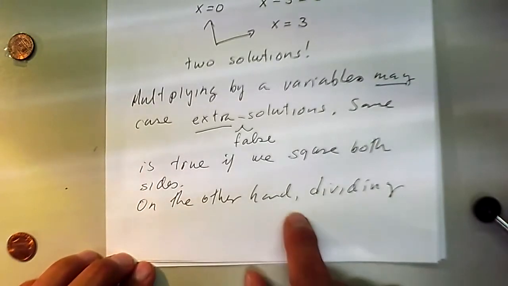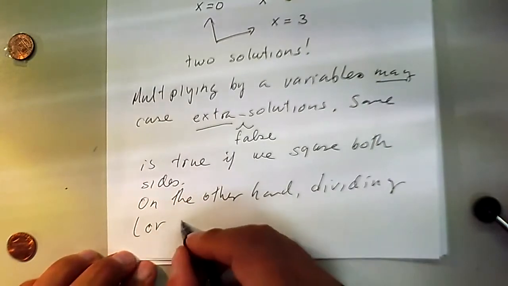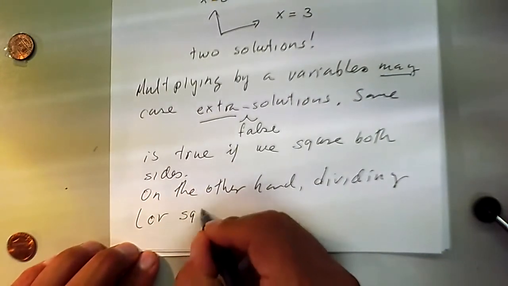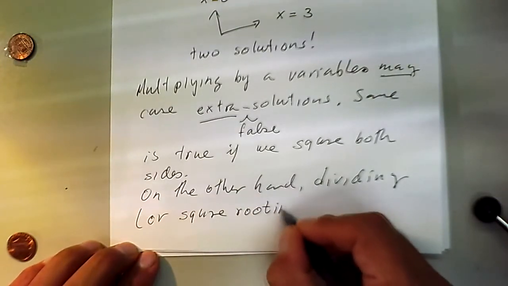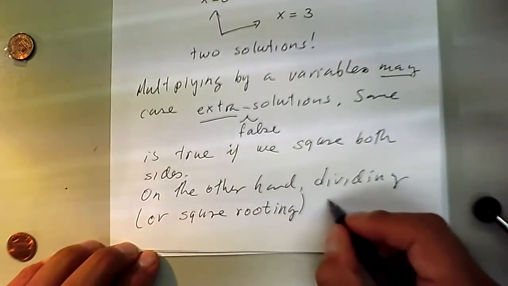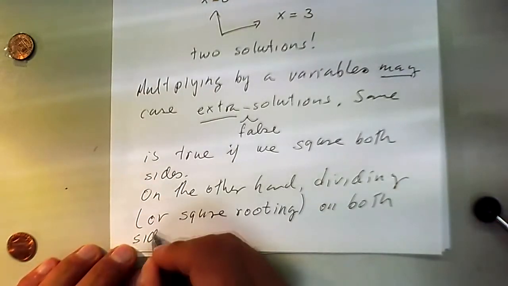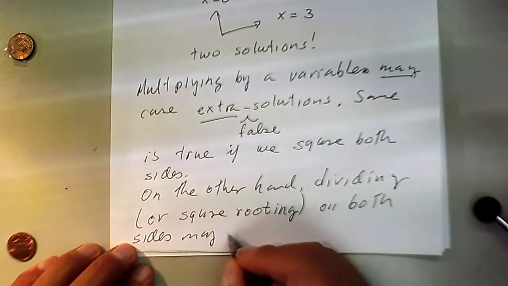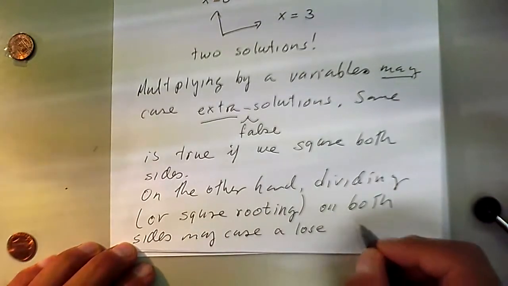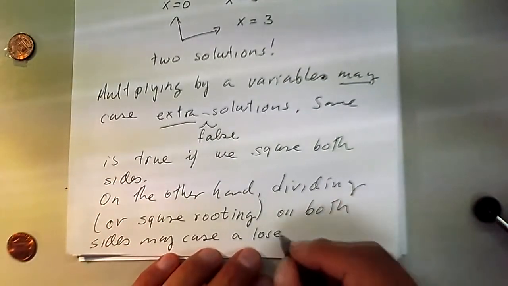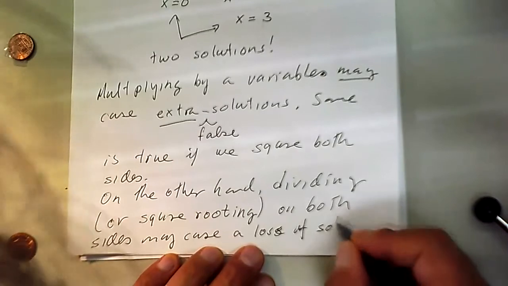So on the other hand, dividing in parentheses or square rooting on both sides may cause a loss of solutions.